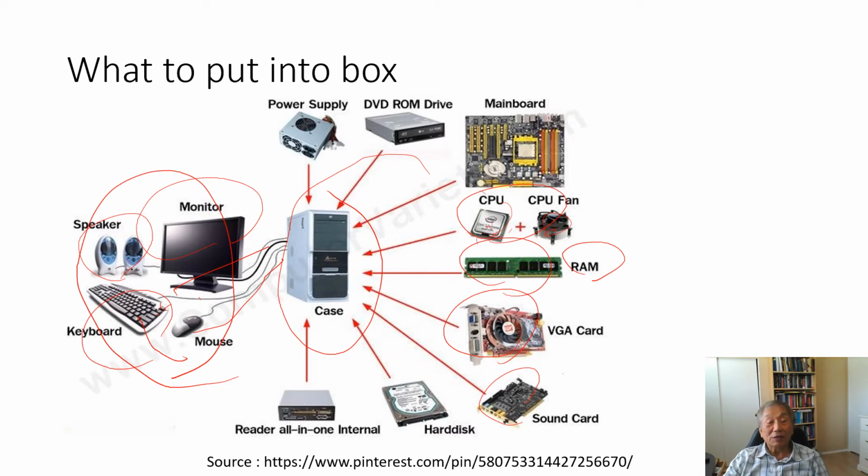Then you have to have one big board that puts everything together so that it can run faster and more efficiently. That one is called the main board, or sometimes the motherboard. And then some other devices, such as the CD-ROM or hard drive. Then you need the power.